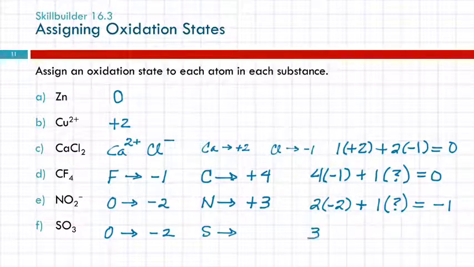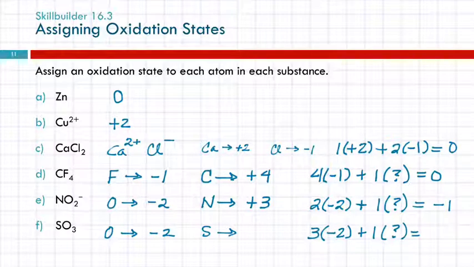So 3 times the -2 oxidation state plus this one sulfur that we don't know about has to add up to 0. And so the question mark is 6. So sulfur has an oxidation state of +6.